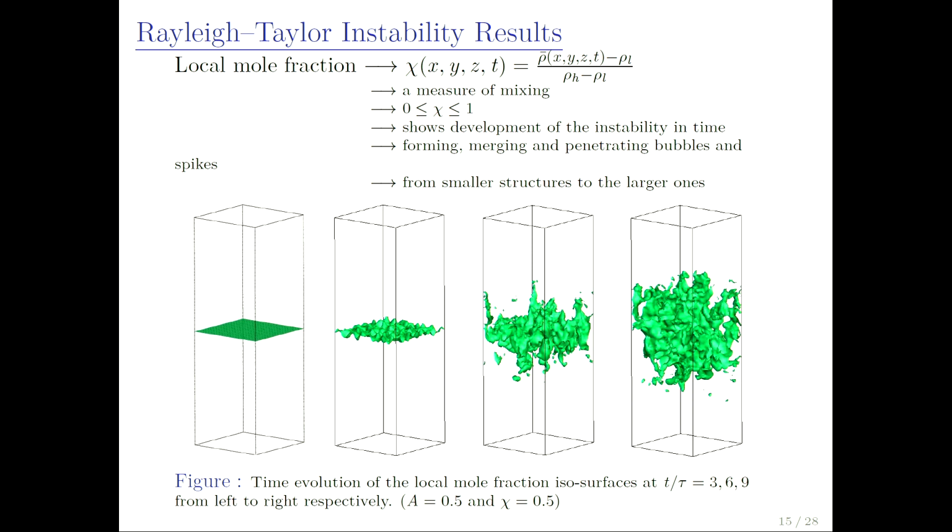Actually, I have lots of results, by the way. I computed lots of results, but there's no time, so I'm going to show you just two of them. I'm skipping many others. Some of the results are computed again for the first time for the high Atwood number multimode Rayleigh-Taylor instability, including some turbulent statistics.